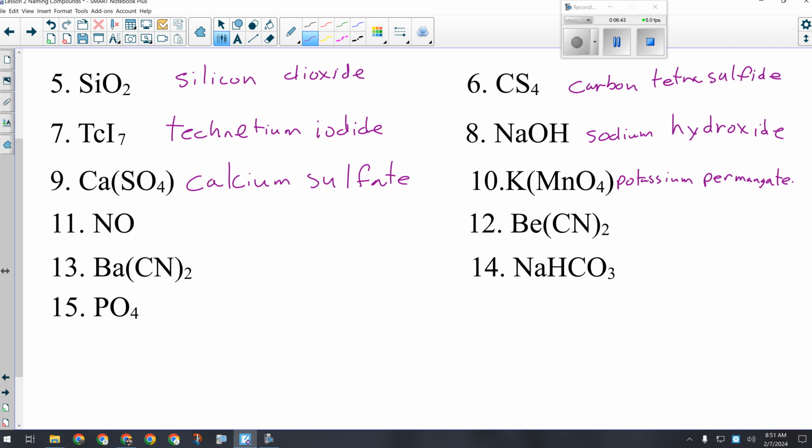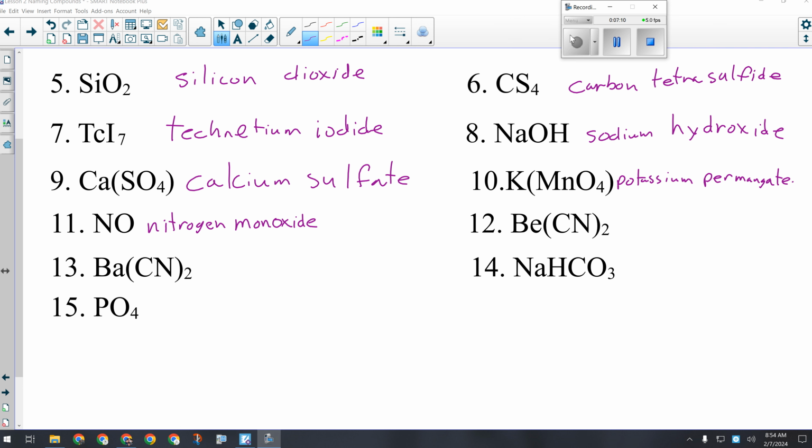No, so I'm just going to write nitrogen. Do I need a prefix on oxygen? Yes, and it's monoxide. You could also write monooxide and hyphenate it, but generally with oxygen we just go monoxide. I'll give you a couple more minutes to do the last ones, and then we will go over them and then start on going the other way.